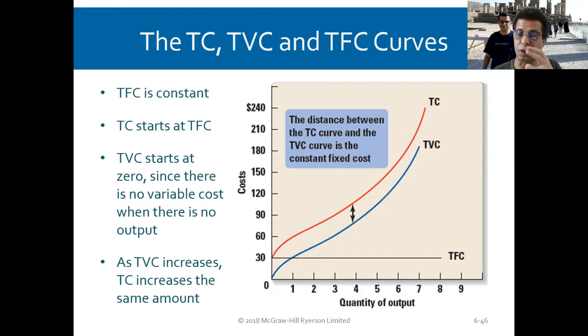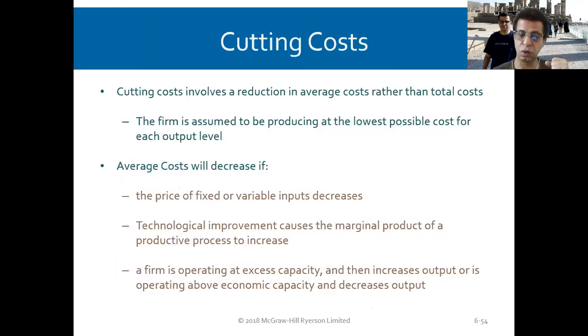That thing will change if you think in total, but here, if you think in per unit, which is the average, here we're talking about the total fixed cost and the total variable cost and the total cost. And here is where economists and businessmen decide on cutting the cost.